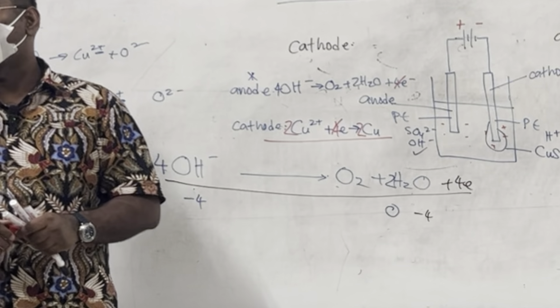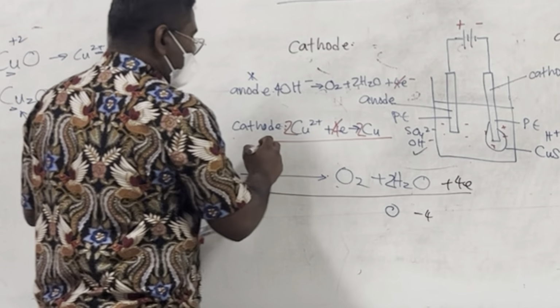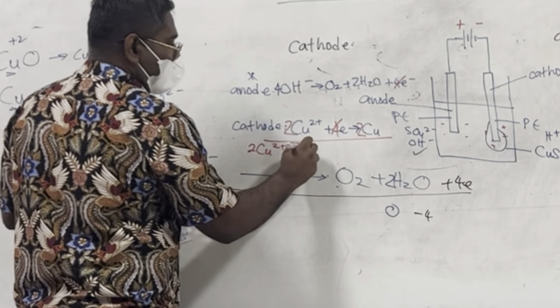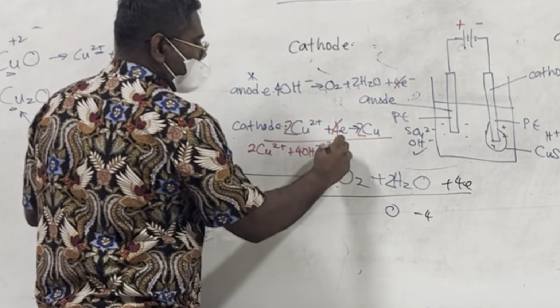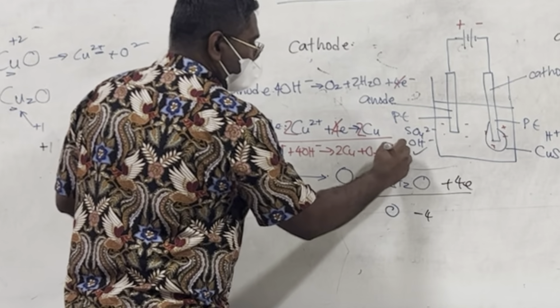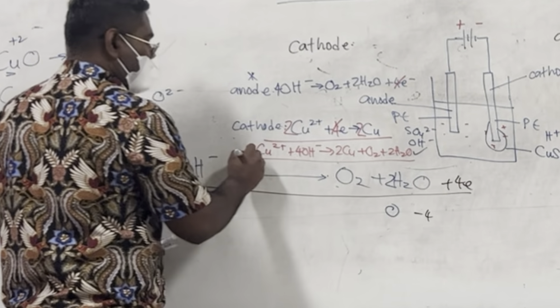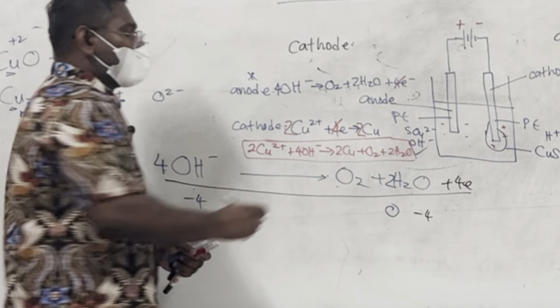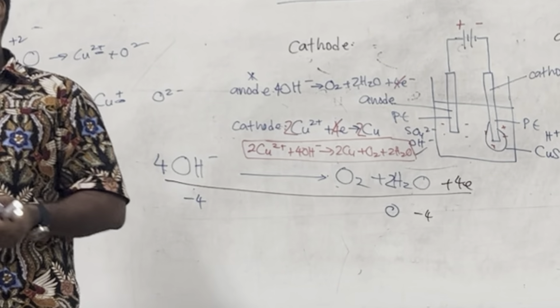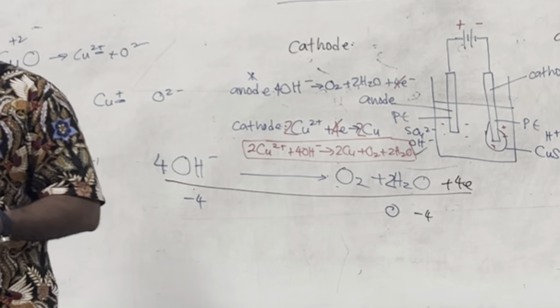So what you will have is 2Cu2+ plus 4OH- to give you 2Cu plus oxygen plus 2H2O. This is going to be the complete, the overall equation. And you see, the overall equation does not have electron.